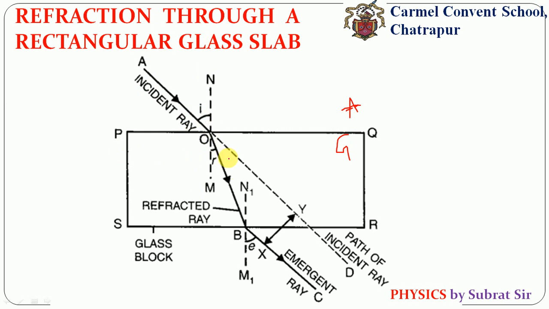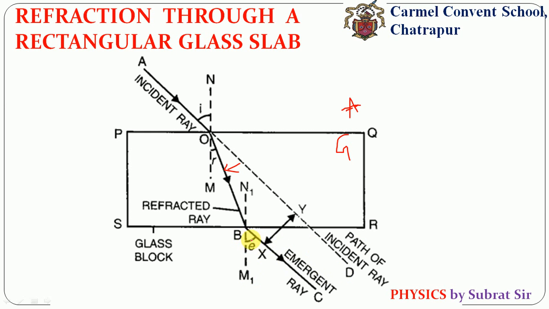Now it will be refracted as it passes from a rarer to a denser medium. It will move towards the normal. So the refracted angle here is r. Then it passes from O to B, and at the surface SR at B it is refracted again, because it goes from glass to air, and it passes along the line BC.